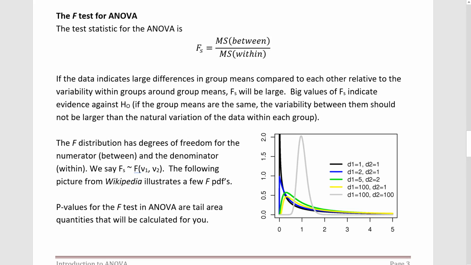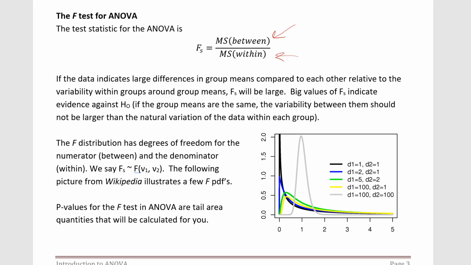So we're going to use a distribution called the F distribution to calculate our p-value for the ANOVA. The F statistic, the test statistic that we're going to use, is that mean squared between, so that shift in the means of the groups, right? The between group variability is looking at diet 1 versus diet 2 versus diet 3 and seeing how those groups are shifted from each other, to the mean squared within.